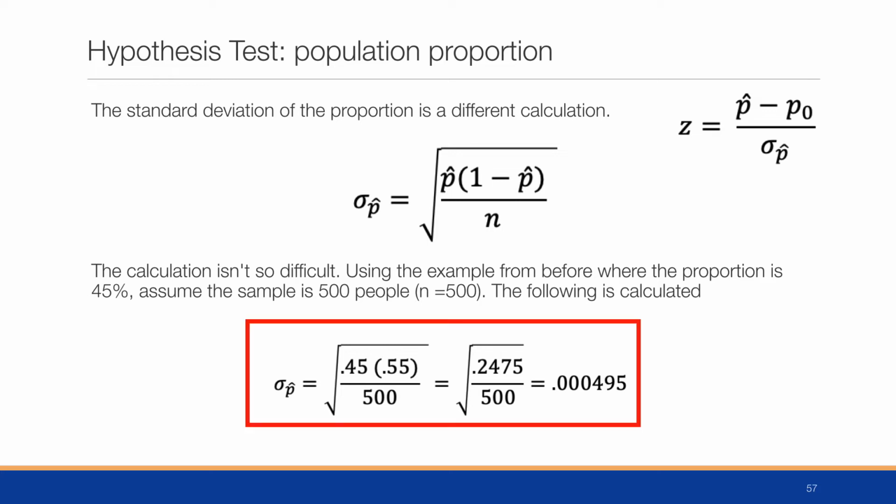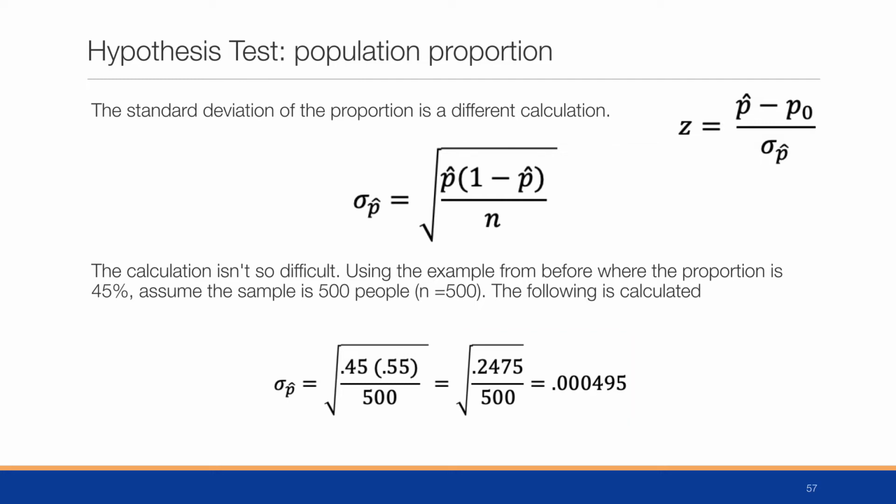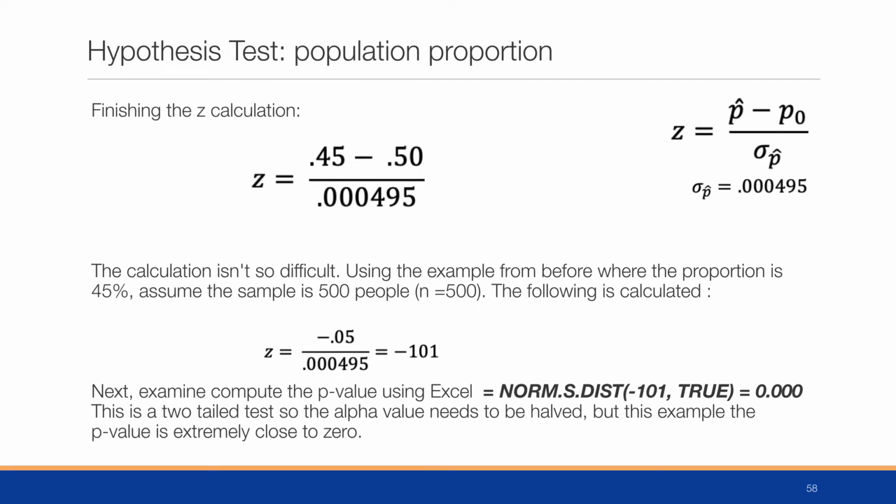Sigma of P hat is going to be equal to the square root of 0.45 times 0.55 divided by 500, which is equal to 0.2475 divided by 500, or 0.000495. Finishing our z calculation from that z formula, we have 0.45 minus 0.50.